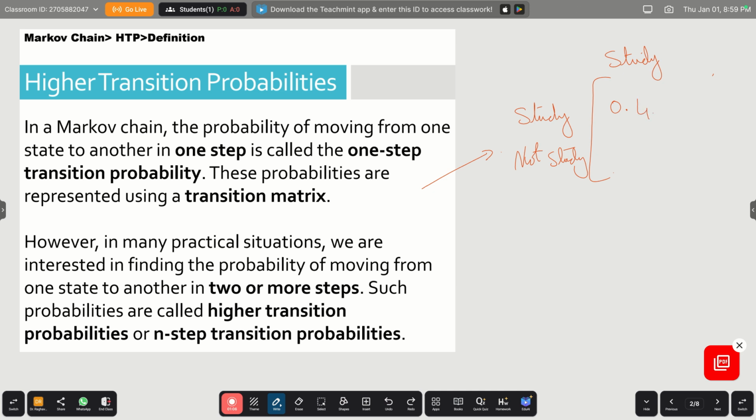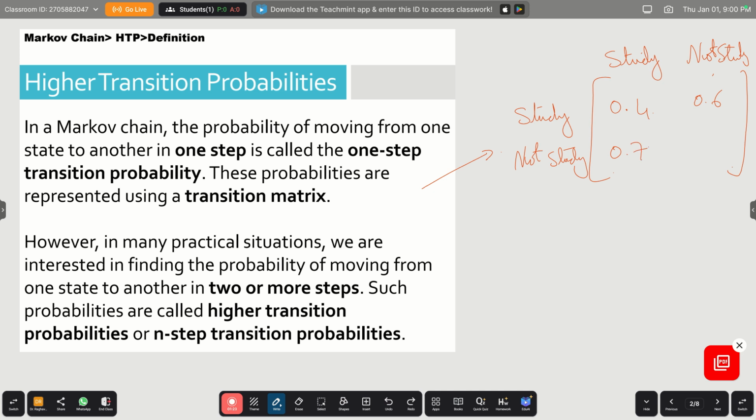What does it mean? The probability that I will not study tomorrow is 0.6. And if I don't study today, maybe the probability that tomorrow I'll study is 0.7.